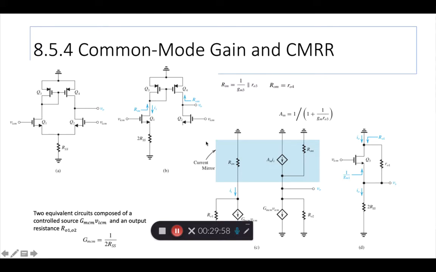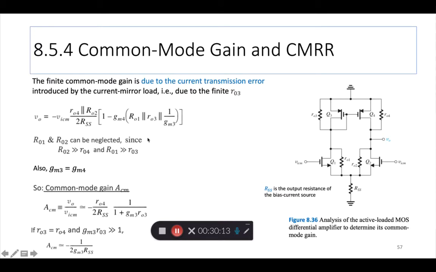He goes through again a lot of analysis, both of the differential transistors and the current mirror transistors, and he comes up with this formula for the output as a function of the input.